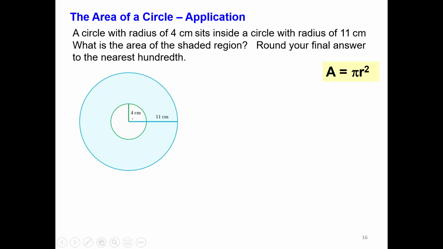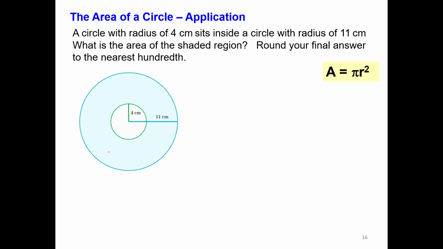Then we calculate the area of the small circle, and if we take the small part from the big area, we will have the blue area, the shaded region. What we have to do is calculate the area for the big circle, the area for the small circle, and then subtract the small area from the larger area.